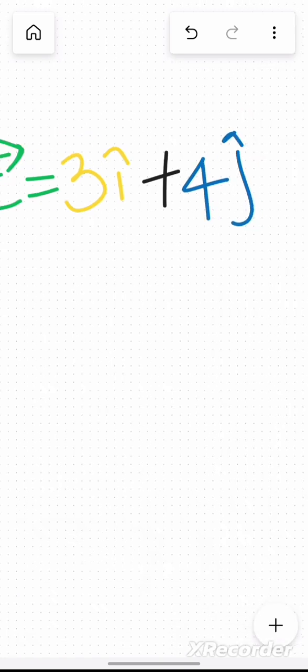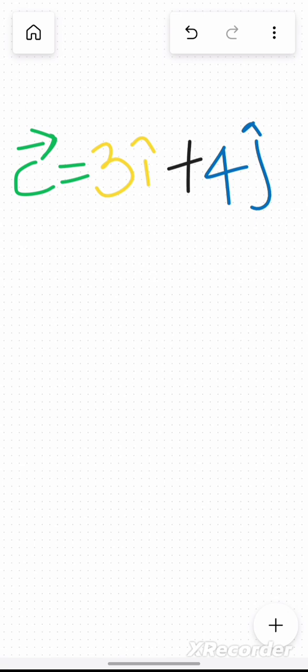That's that. So this is another way to represent vector C by using its components.